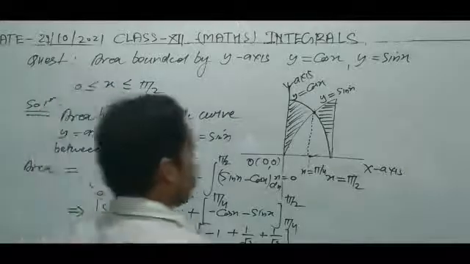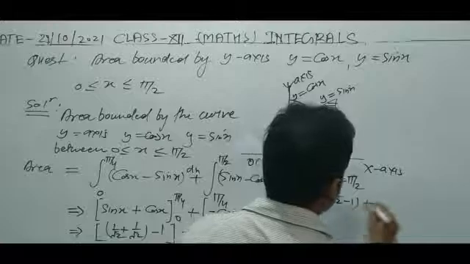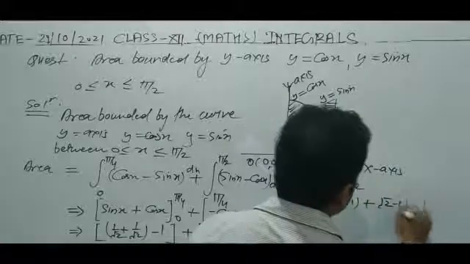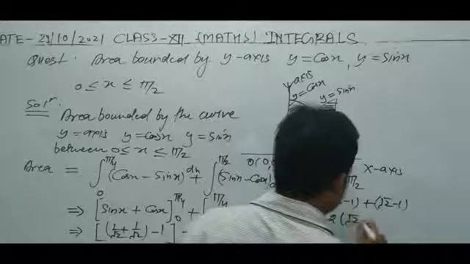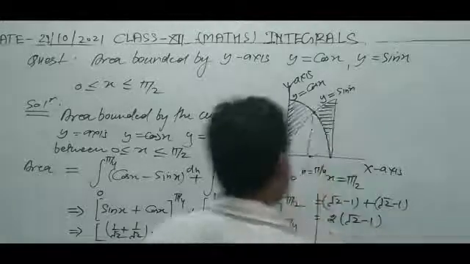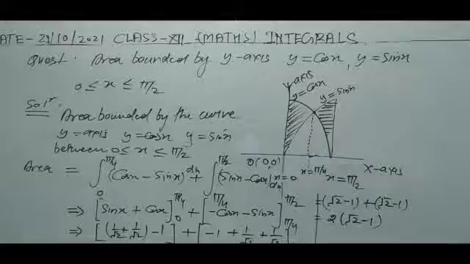So this one we can write root 2 minus 1 plus root 2 minus 1, 2 times root 2 minus 1. So 2 times root 2 minus 1 is the area.